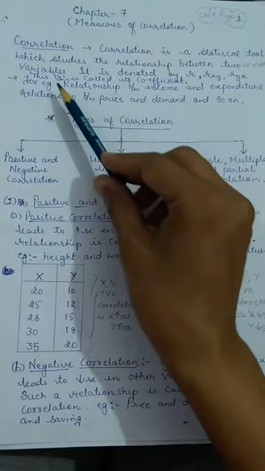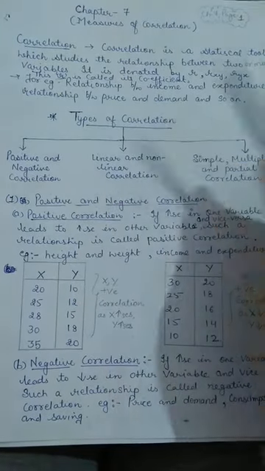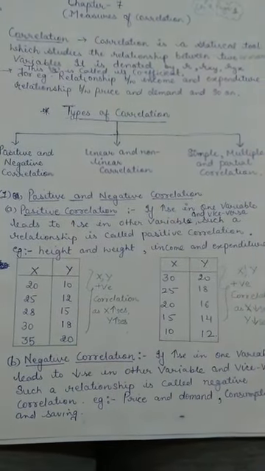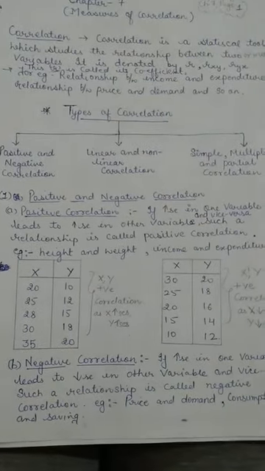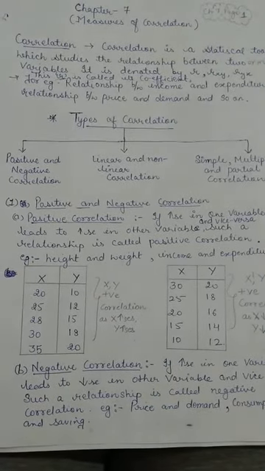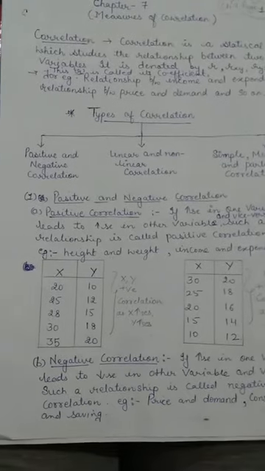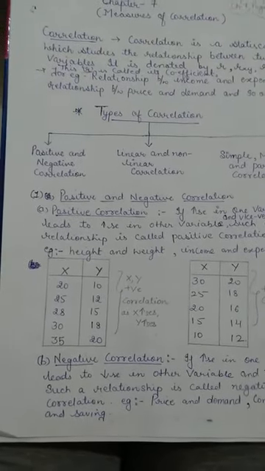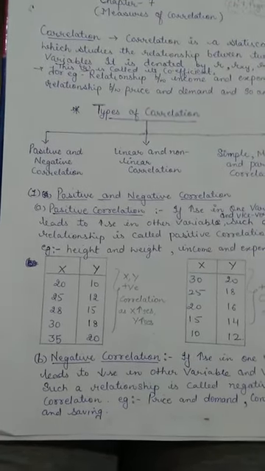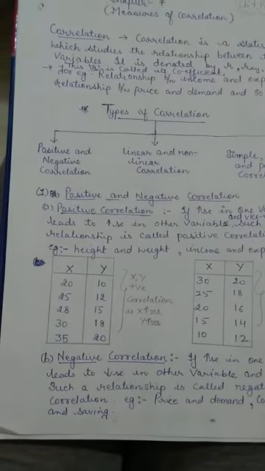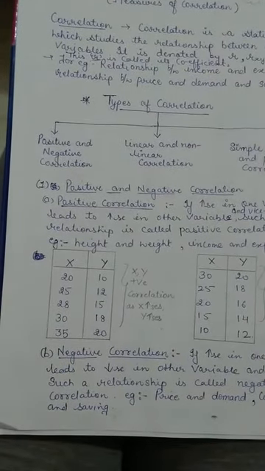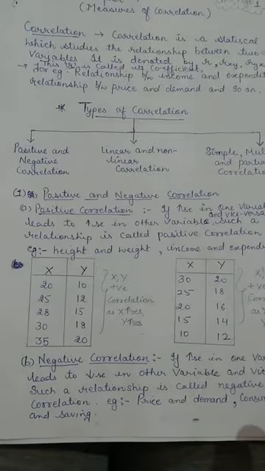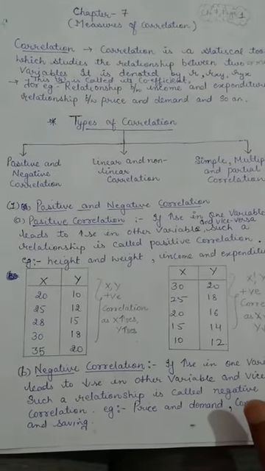It is denoted by R, which is called its coefficient. We are measuring the coefficient of correlation, which lies between -1 and 1. Means the value of the correlation coefficient cannot be less than -1 and it cannot be greater than 1.